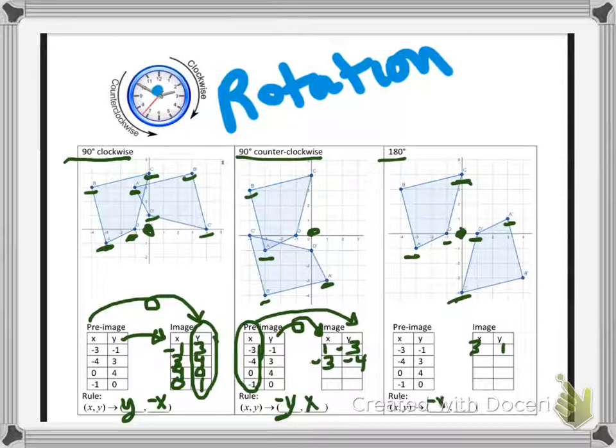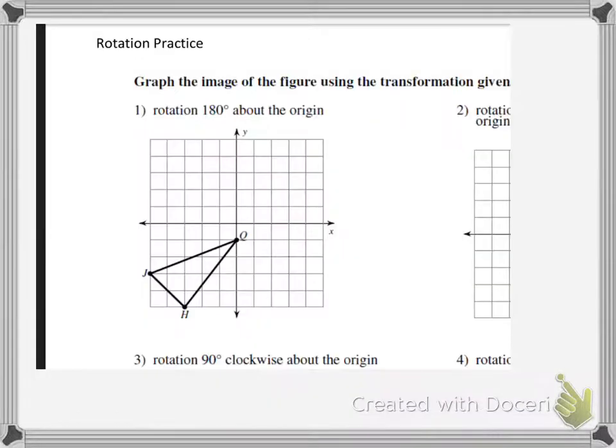And the general rule is x changes sign and goes into the new x, and y changes sign and goes into the new y. So there I have my general rule. Okay, so let's take that. We know for rotation 180 degrees, my rule is (x, y) goes to (-x, -y).